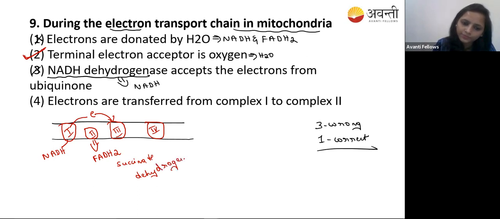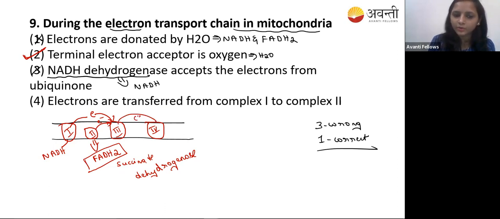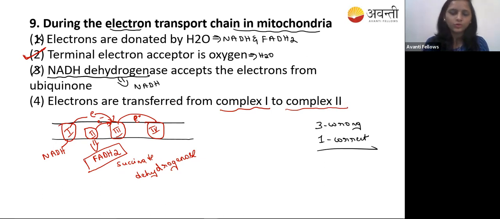It will accept the electron from FADH2 and also send the electrons to complex number 3. Then from complex number 3, the electrons will be transported to complex number 4. That is the reason complex number 1 will not transport the electrons to complex number 2, so that is the wrong option.